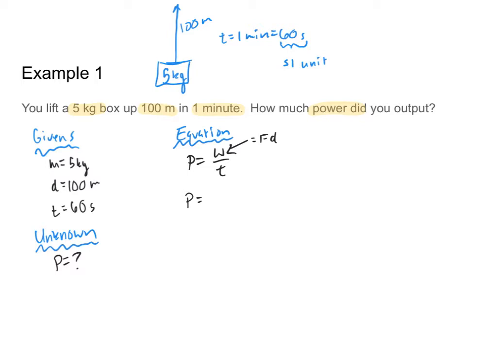I know that because there's no angle mentioned. So my power is equal to force times displacement over time, or my power is equal to mg times displacement over time. And again, this is all going to be positive. And I know that because I'm moving my box up, so I'm increasing its energy.